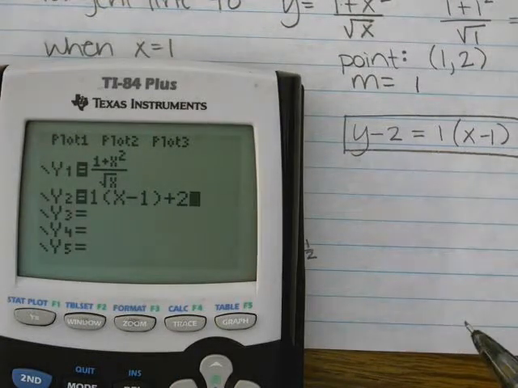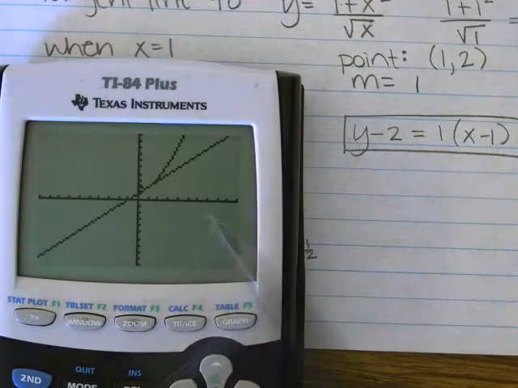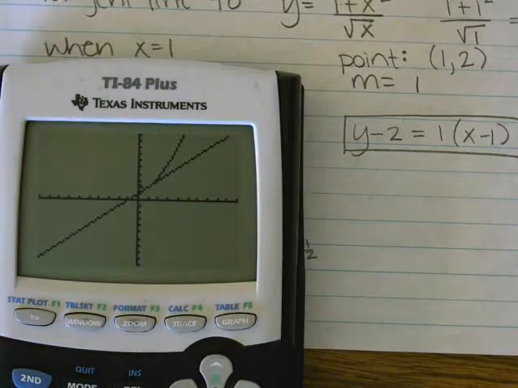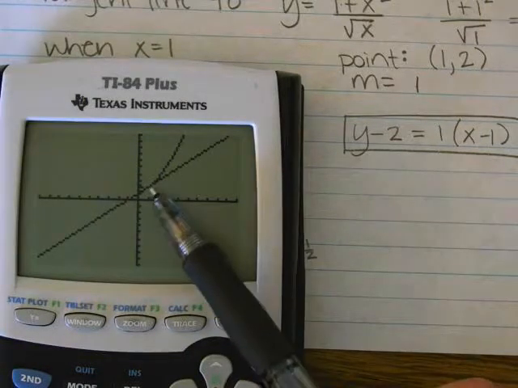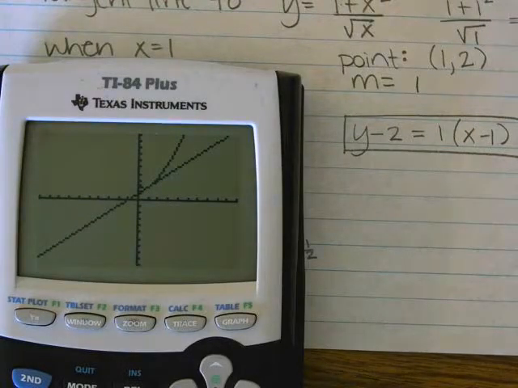And I'm going to go ahead and graph these at the same time. All right, does it look like it's a tangent line at x equals 1? Yep, so that fits. x equals 1 is right about in there, and that's a tangent line to it, so we know our answers make sense.